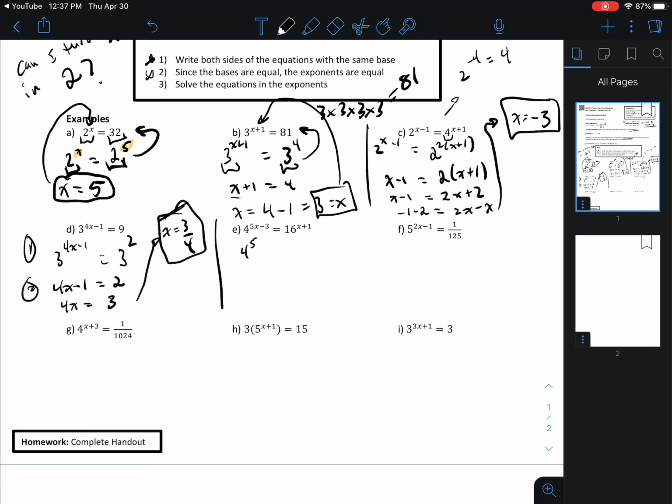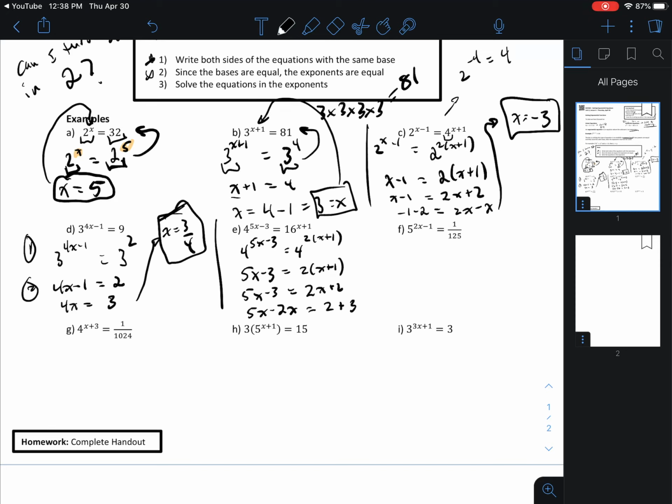Okay, this one here is much like question C. I can go 4 to the 5x minus 3 is going to equal 4 squared to the 2x plus 1, which is 16 to the x plus 1. Exponents are now equal because the bases match. I can go 5x minus 3 is equal to 2x plus 1. Solve for x.